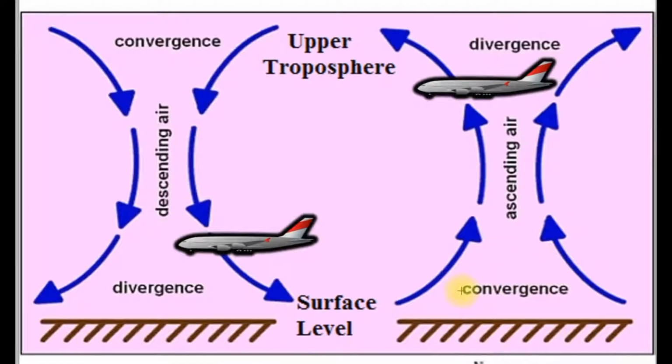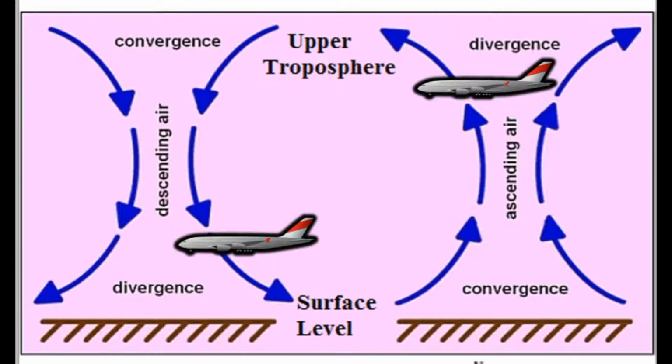Look here, convergent air pushing the airplane up. So to maintain its level, let's say at 39,000 feet, the autopilot has to adjust the plane. And over here, when the airplane is flying through divergent winds, it's the same thing. The wind is pushing the airplane down, so the autopilot has to adjust the altitude of the plane.